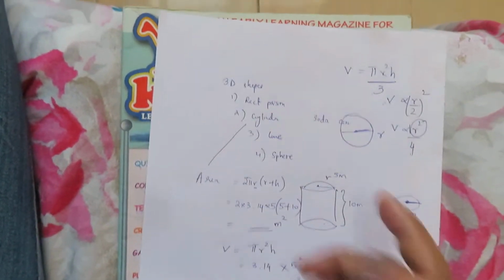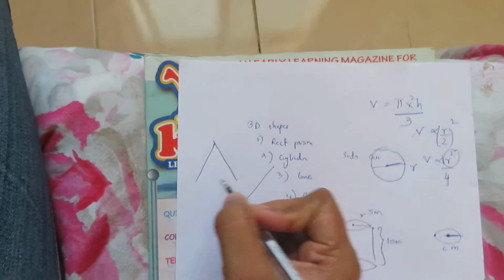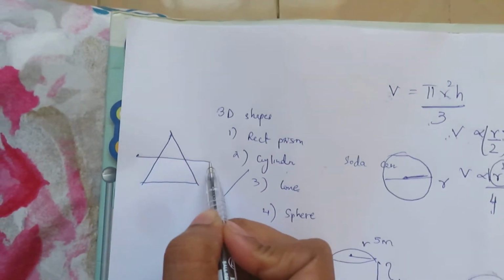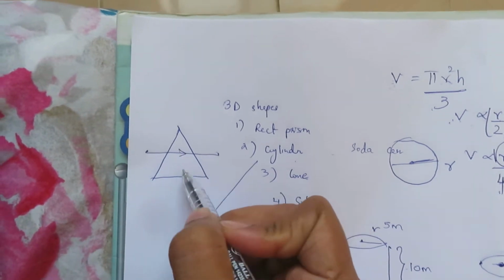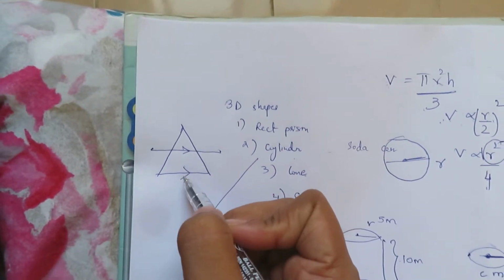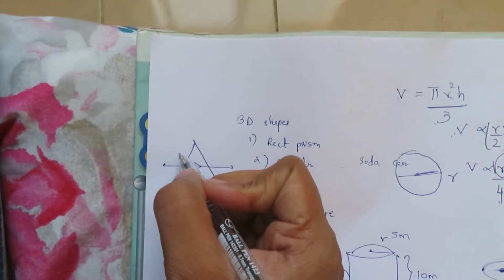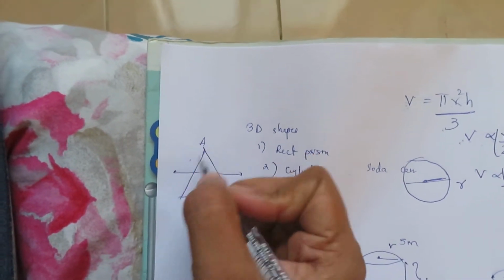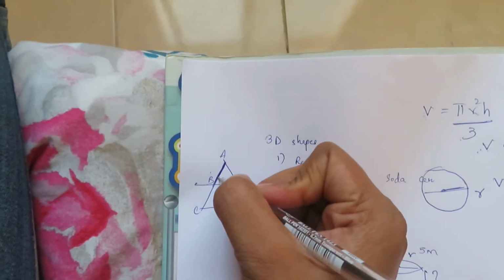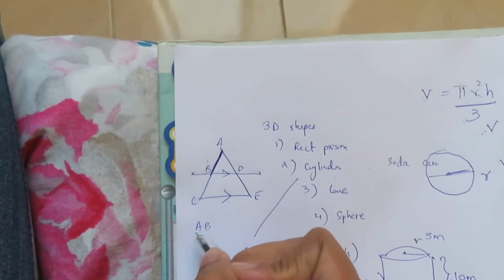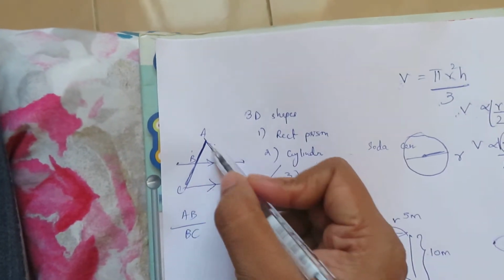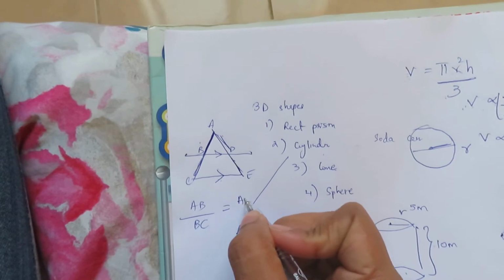Okay, then you need to know about the triangle proportionality theorem. Whenever you have a triangle which is cut by a line, and this line and this are parallel, so this is the symbol that we use to show that these two sides are parallel. In that case, the ratio, if it's named as ABCDE, this length AB divided by the length BC is equal to AD divided by DE.